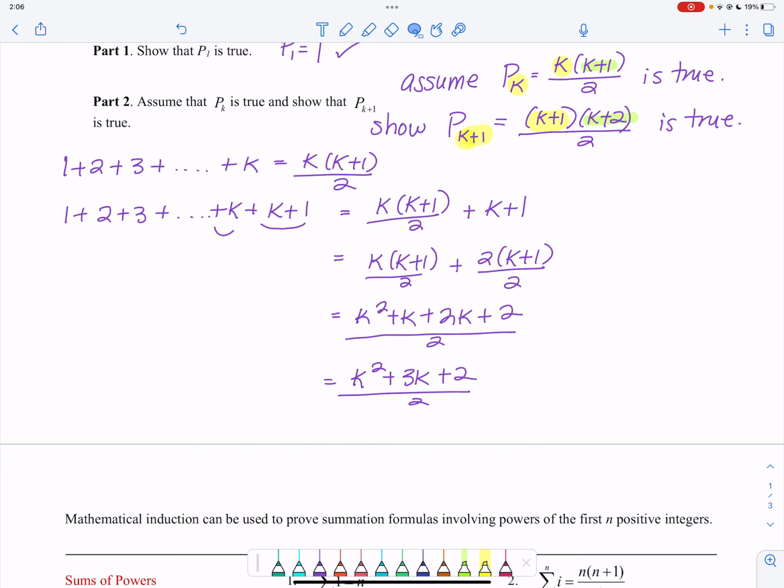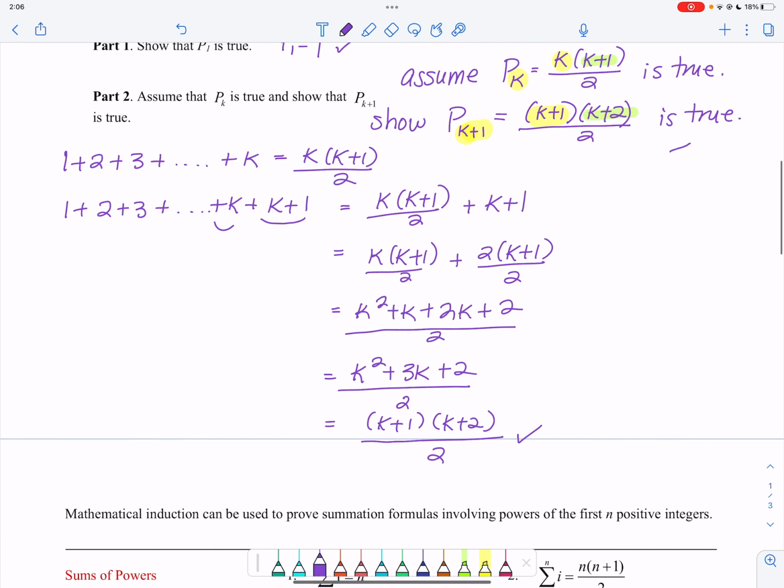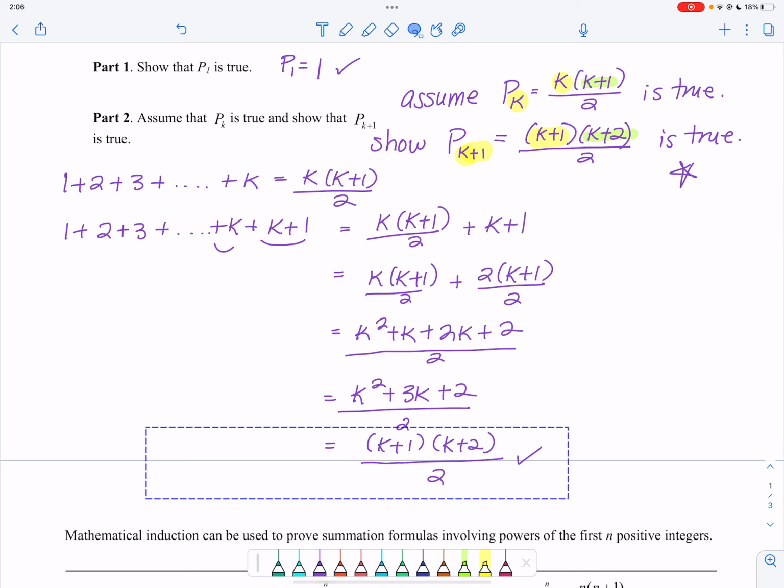And now, as you can see, this is equal to k plus 1 times k plus 2 all over 2. And that is what we were trying to show was true.